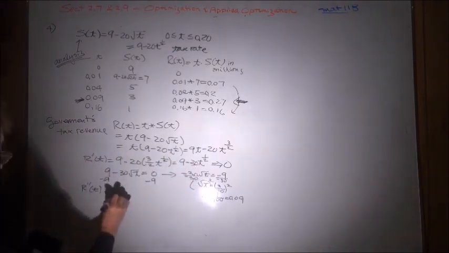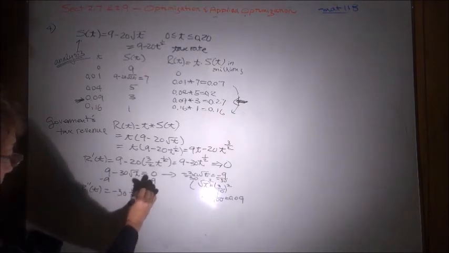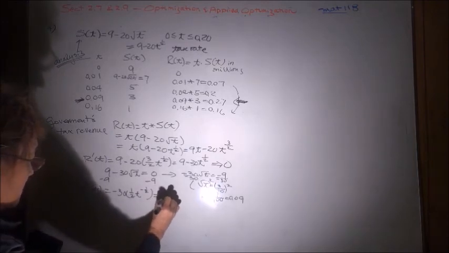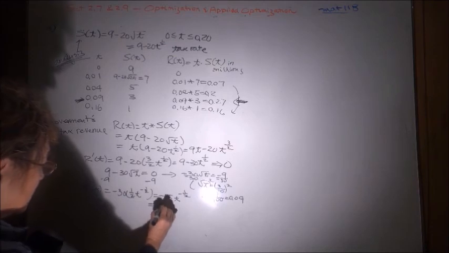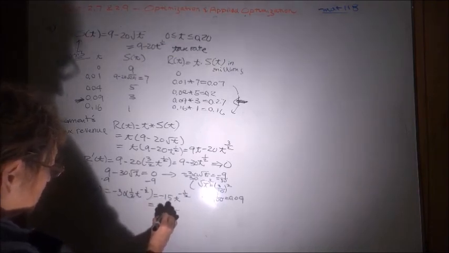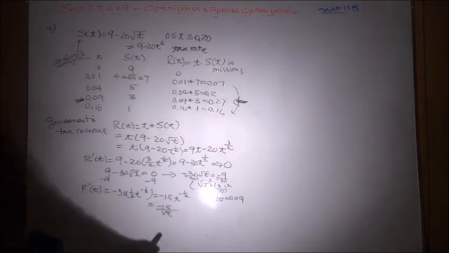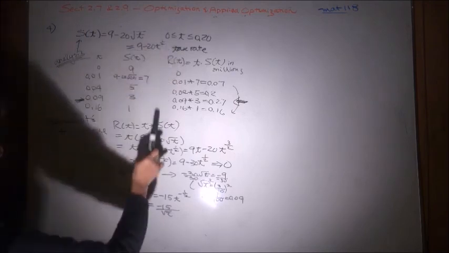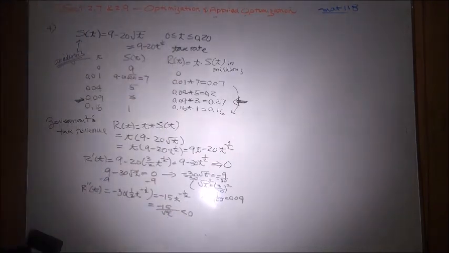That would be negative 30, then drop one level, so negative 15 T to the negative half, that is negative 15 over square root of T. Whenever T is bigger than 0, this is positive, so the whole thing is less than 0.